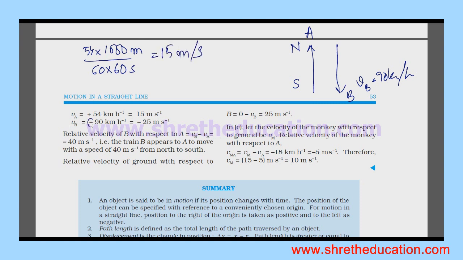B is in the opposite direction, so A is positive and B is negative: 90 km per hour is minus 25 meter per second.